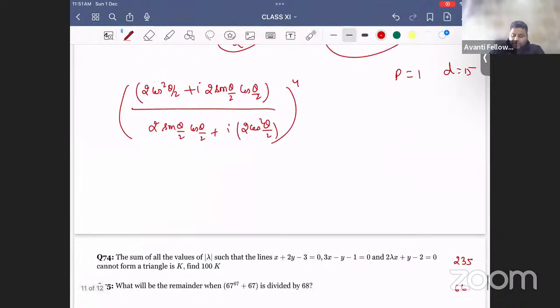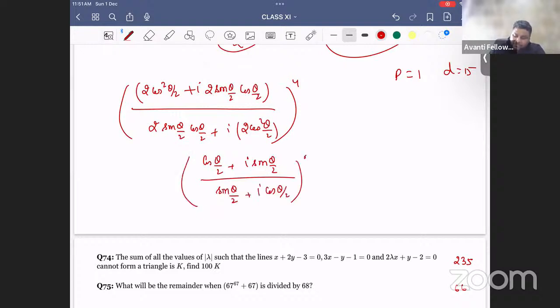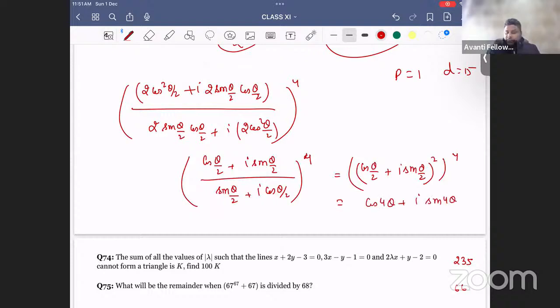From numerator and denominator, take cos theta by 2 common, cancel it. So you get (cos theta by 2 plus iota sin theta by 2) upon (sin theta by 2 plus iota cos theta by 2), whole to the power 4. Am I clear? So it will become (cos theta by 2 plus iota sin theta by 2) whole square to the power 4. So it will be cos 4 theta plus iota sin 4 theta. So your n is 4.